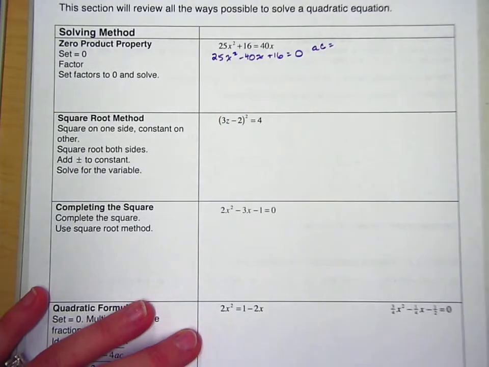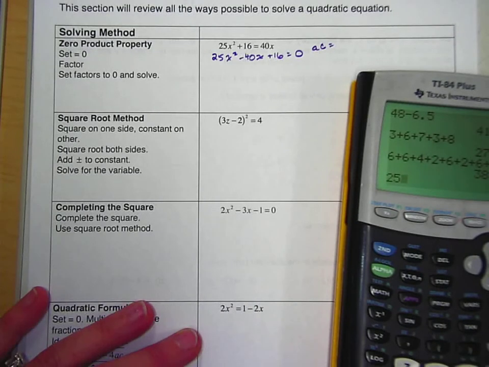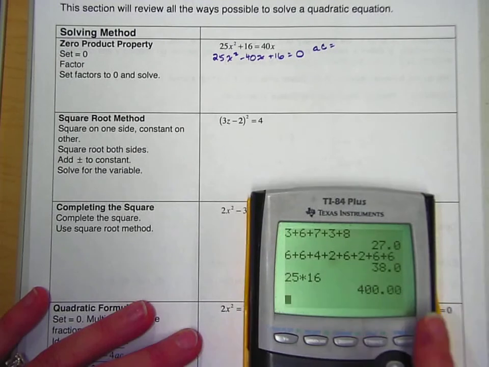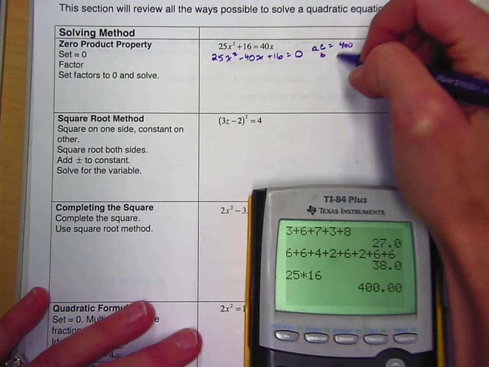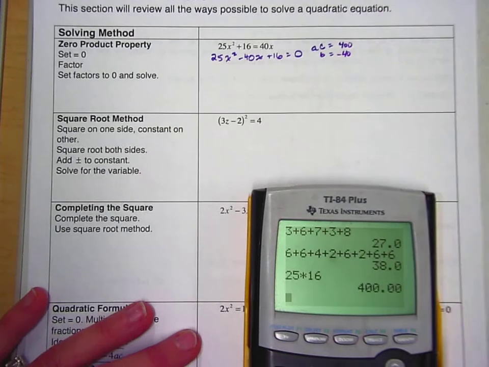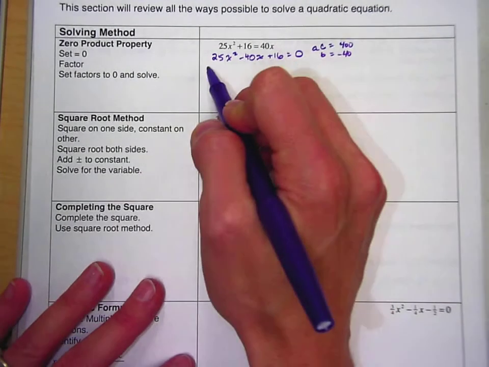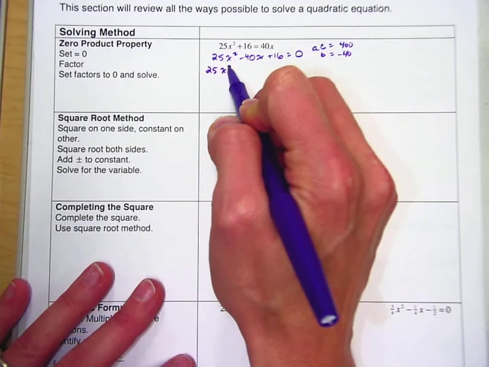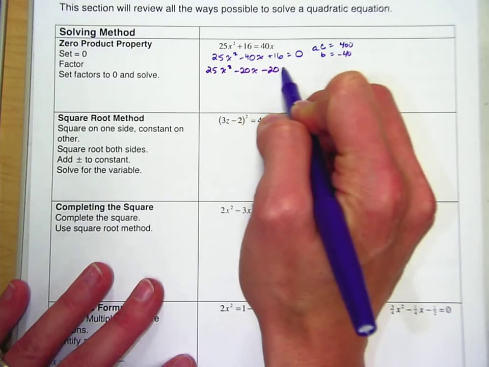So you have 25 times 16, which is 400, and it needs to add to negative 40, so that would be negative 20 times negative 20.